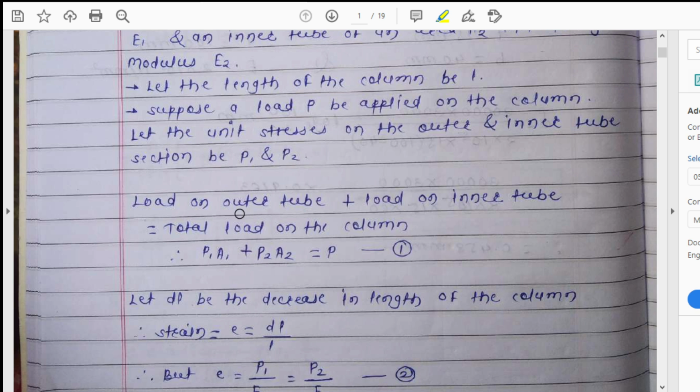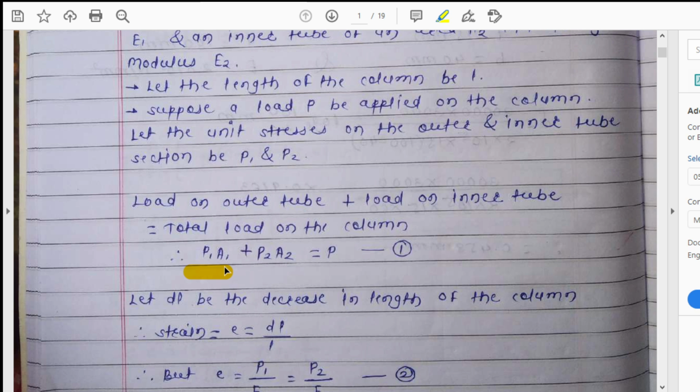Okay, so the load on the outer tube plus the load on the inner tube will be the total load on the column. Both tubes share the load, which sums to the total load. So P1A1 plus P2A2 will be equal to your total load.